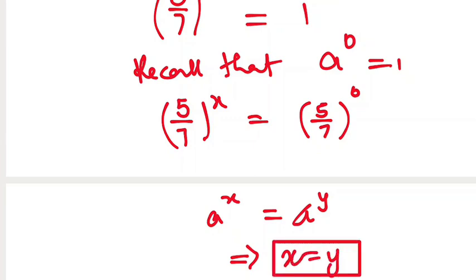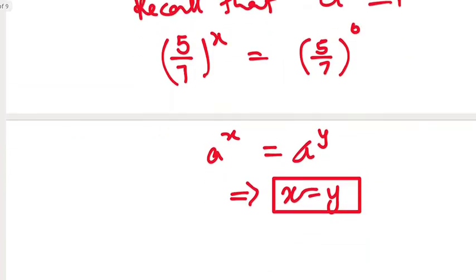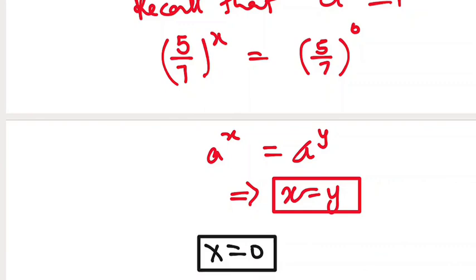Understood? So that is the idea I'm going to use. This is equal to this. So it shows that x equals what? x equals 0. And therefore x equals 0 is the solution to the problem.